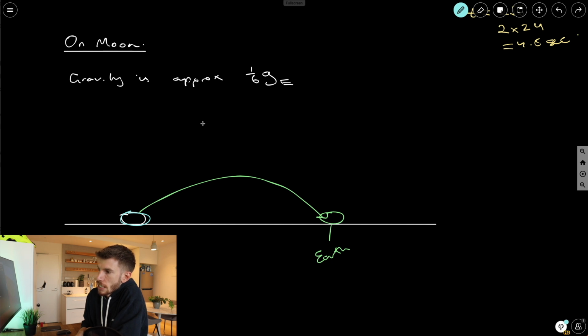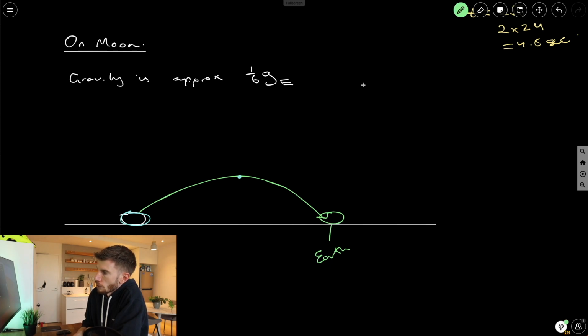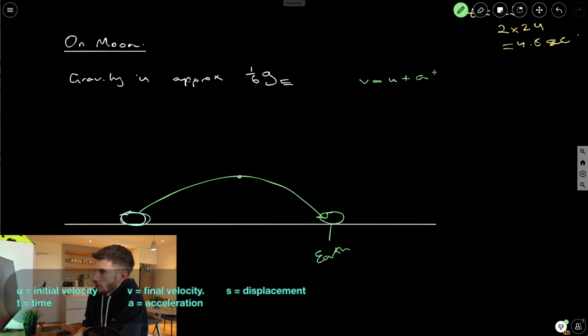In terms of the time that it takes to reach its maximum position, on Earth, which again, let's stick in green. So v was equal to u plus at, so t was equal to v minus u over a. For max height, the final velocity is still going to be 0, vertical, and we're just going to use u.